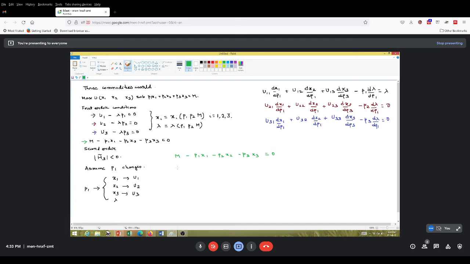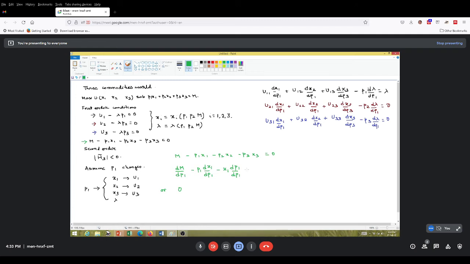Now remember M is a constant, so this is 0. Okay. Now P1 we have dx1 by dP1. Okay, x1 is a function of P1. We have this. But at the same time, if we keep x1 over here, we also have dP1 by dP1.